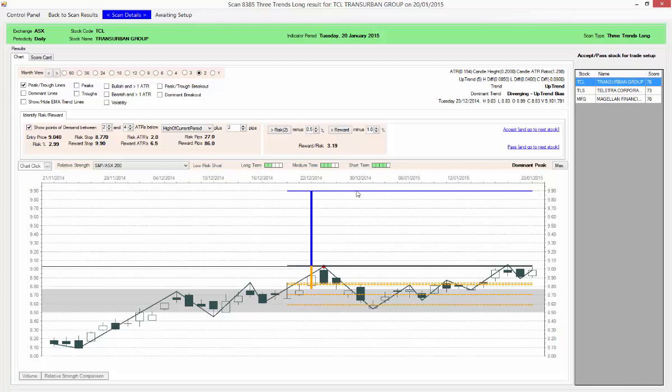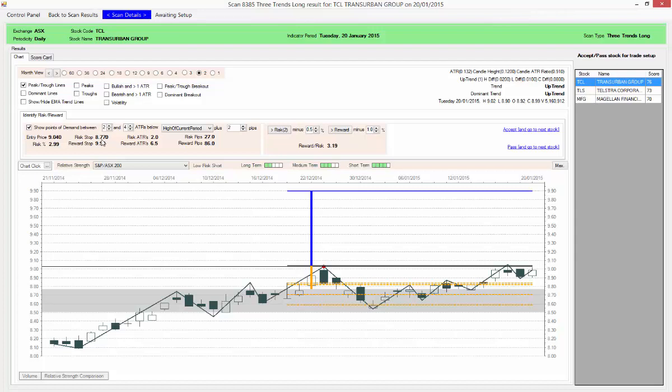Now, take it that this is a scan, and we're getting some indication now that we could get some value out of taking this trade. The numbers here presented are given to you by default, but down the track, when I show you in other videos, you'll be able to modify these.